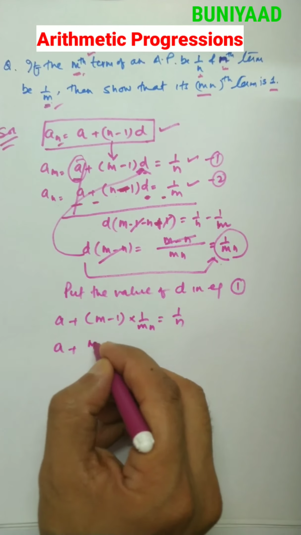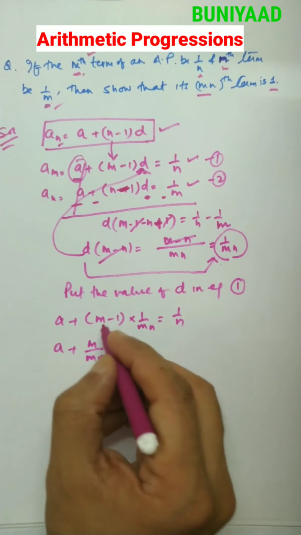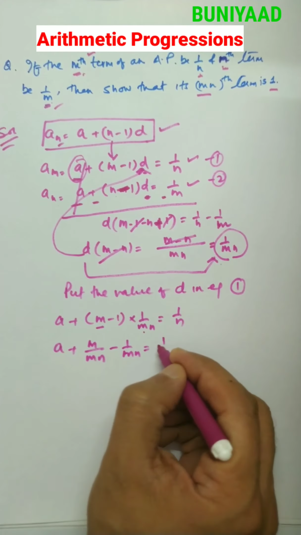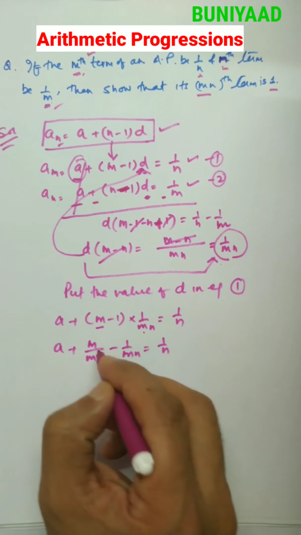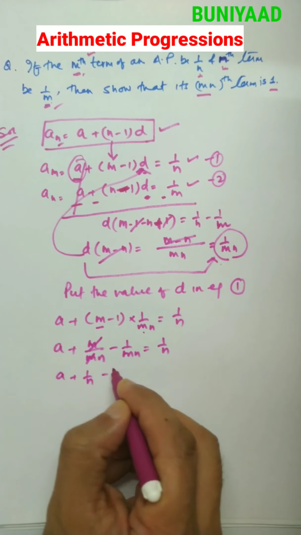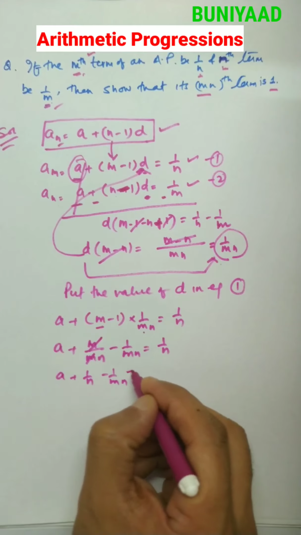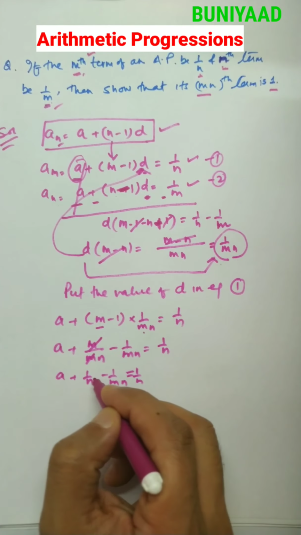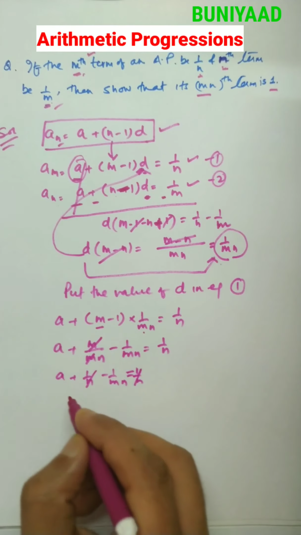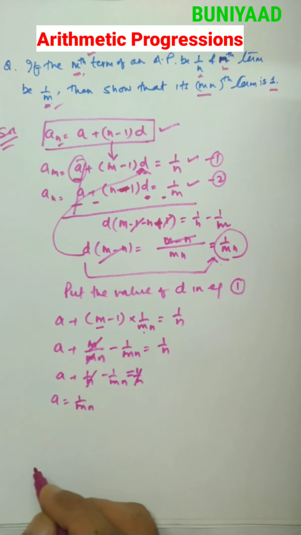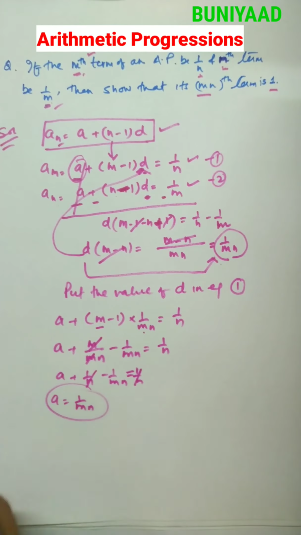Now this becomes m upon mn minus 1 upon mn equals 1 by n. So the m got cancelled, so you are left with a plus 1 upon n minus 1 upon mn equals 1 by n. Now the 1 by n got cancelled, so your a is 1 by mn. You got the value of a also.